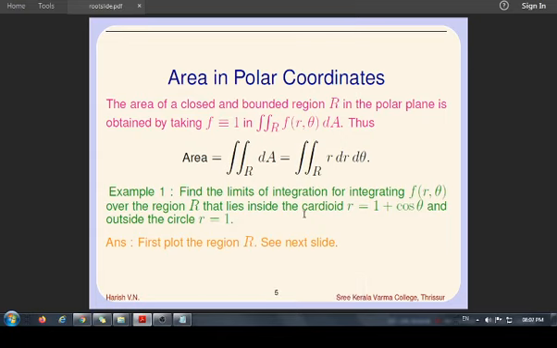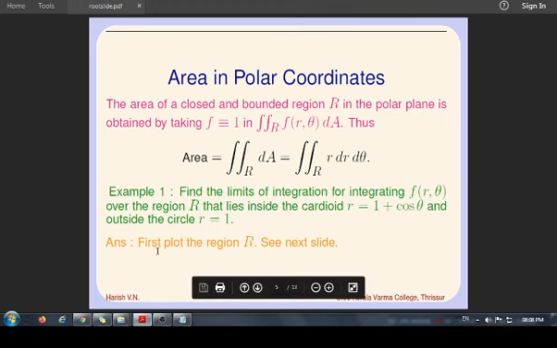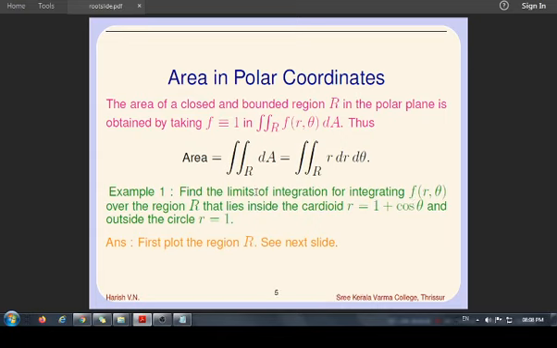So you have a cardioid and a circle, and the region is the area in between these two curves. You are not asked to integrate the function. You are asked to find the limits of integration. That's it.